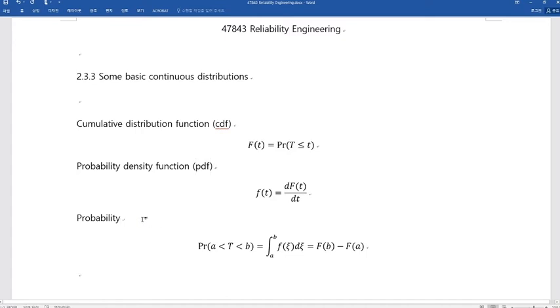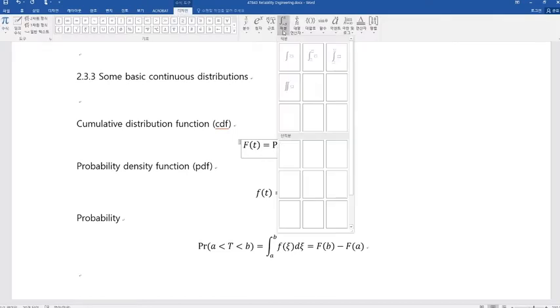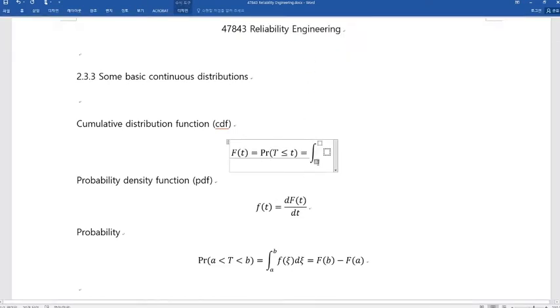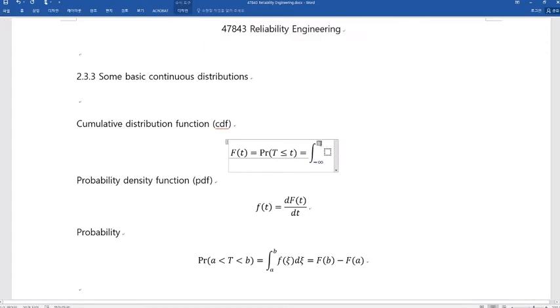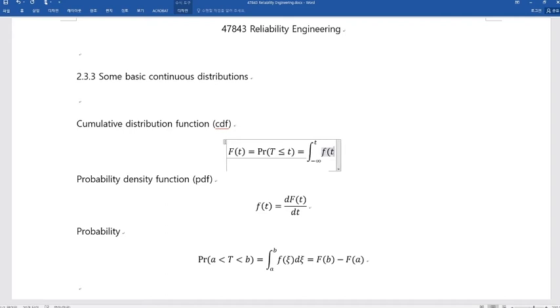So I would say that the CDF is usually defined as the integration starting from negative infinity to the time of interest t of f of t prime, dt prime.